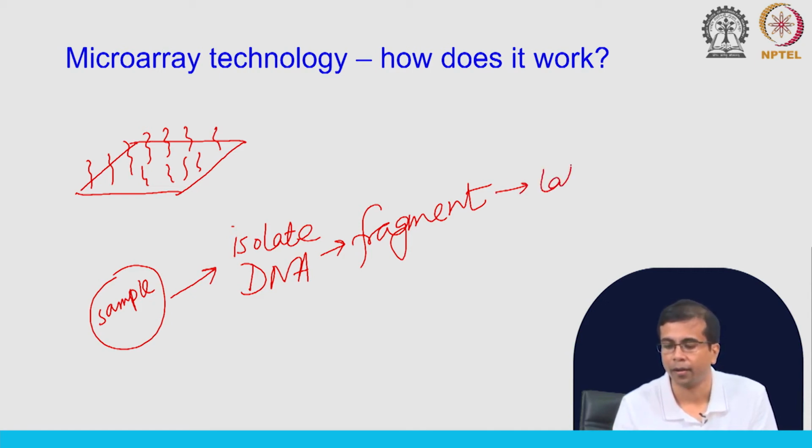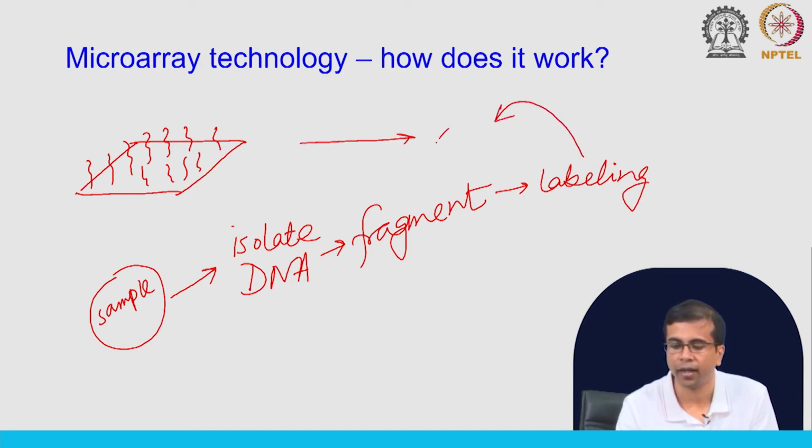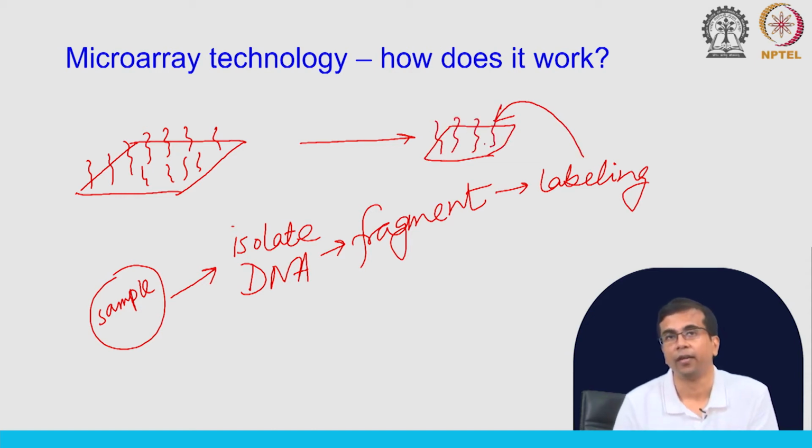Okay. And then you add this to this array. Okay. So, after labeling you add these DNA fragments to the array, there is hybridization.